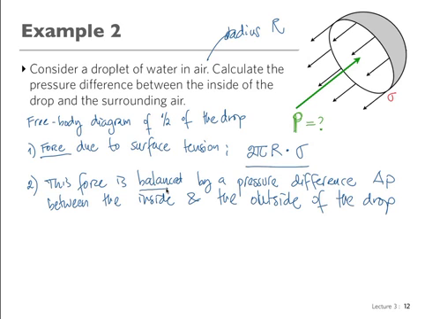And we balance these forces, and so we have that 2 pi r sigma has to be equal to the force due to pressure. Pressure is force per unit area, and so we have to multiply by the area to get a force. So we have pressure times the area where that pressure is acting, where we've cut the drop in half, so pi r squared. Delta P is what I called it, really, the difference between the pressure inside and outside.